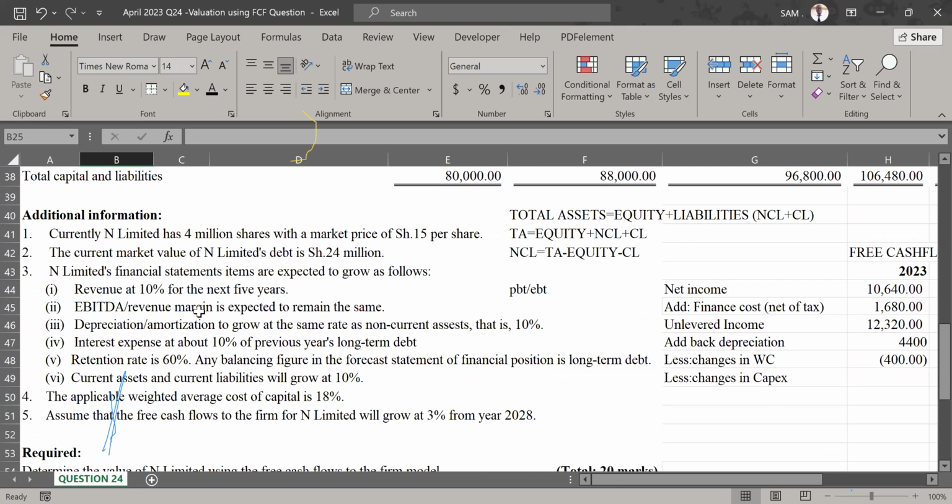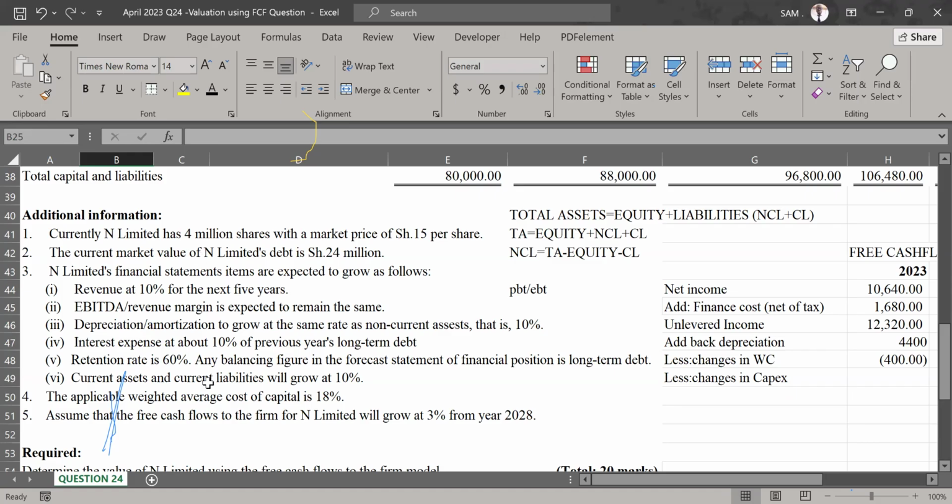What do you mean, Aman? By my attempt? They didn't show it, but since it is an NBV, then it means that it was taken care of. It was already taken care of. Yeah, there is no accumulated depreciation, Mwalimu. It was net book value. Now it's okay. There is no problem.